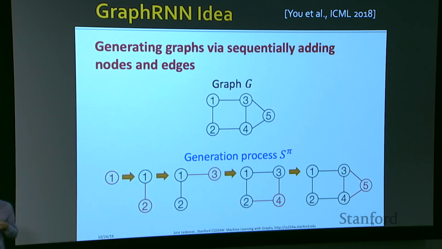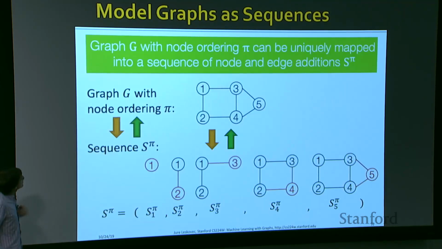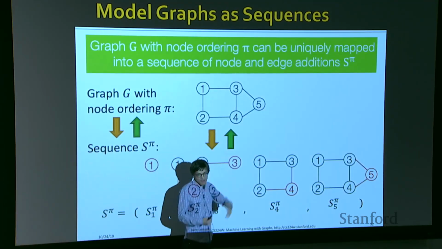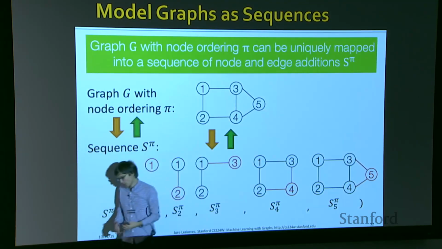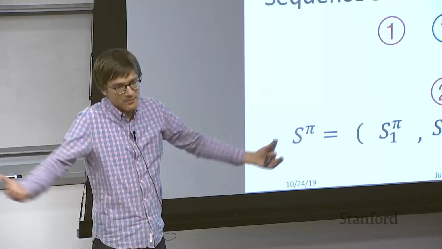So the first thing that is important is to realize that, as I said before, graphs can have arbitrary ordering. So I will use the symbol pi to say there is some random ordering.